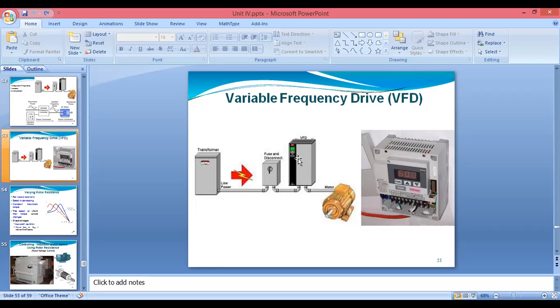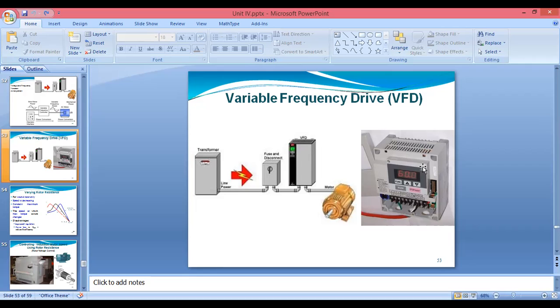So synchronous speed will change with change in supply frequency, and as synchronous speed changes, running speed capital N will also change. So we can vary that speed by changing the supply frequency, and this method is used where the motor is directly powered from the generator. Here we can change the frequency by changing the speed of the prime mover of the generator, and as we increase the supply frequency, the speed of the motor will also increase. And if we decrease the value of frequency by using the VFD, what will happen?